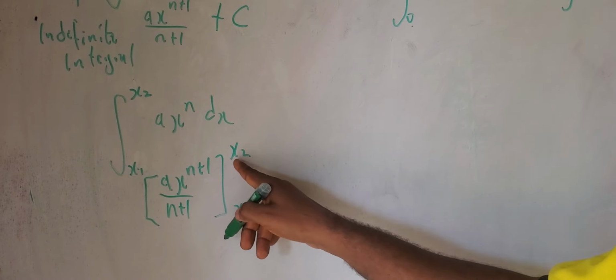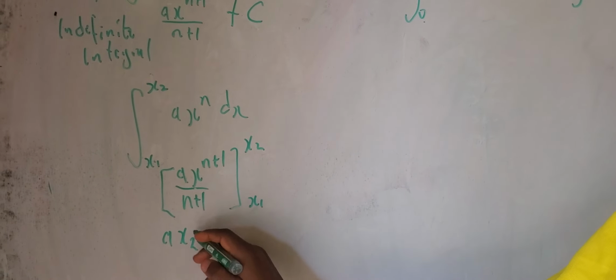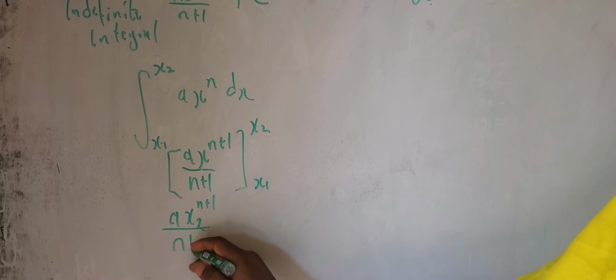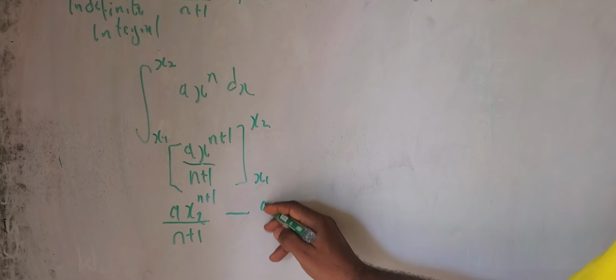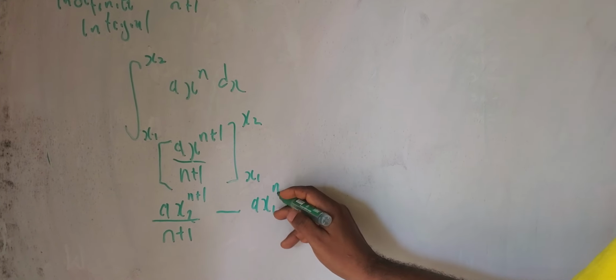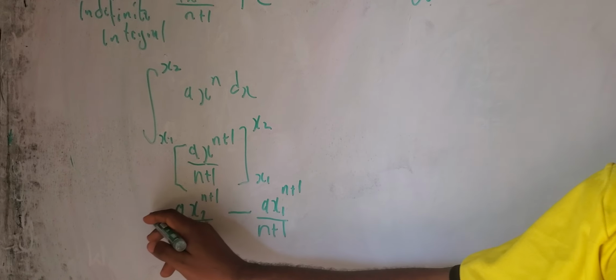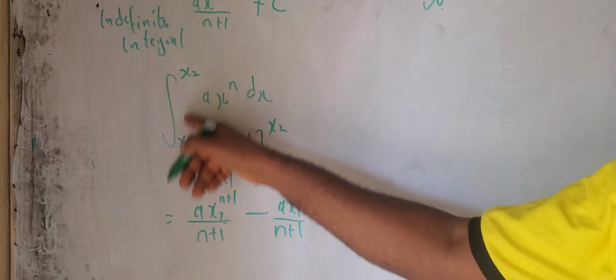So what you are going to do is to substitute this limit here. So you are going to have a x subscript 2 raised to n plus 1 divided by n plus 1. You now say minus, you substitute the lower limit into x there. That is a x subscript 1 raised to n plus 1 divided by n plus 1. So this is how to obtain the integration when the limits are given.